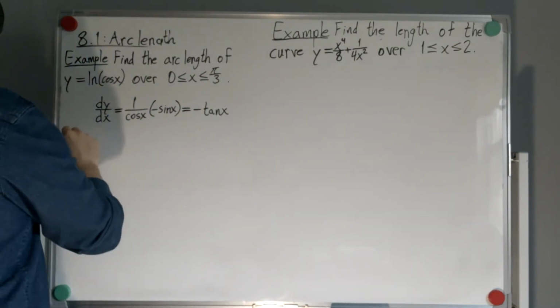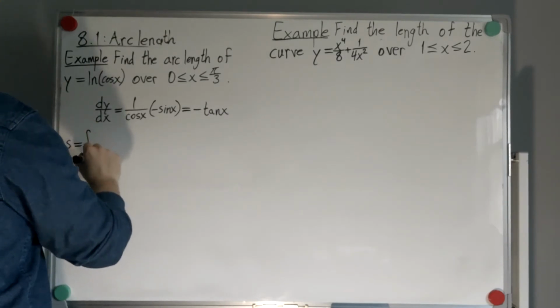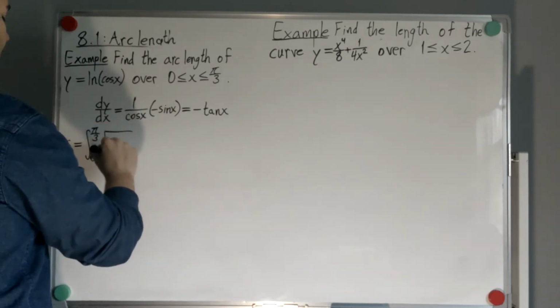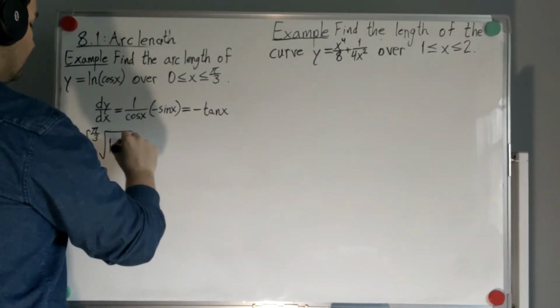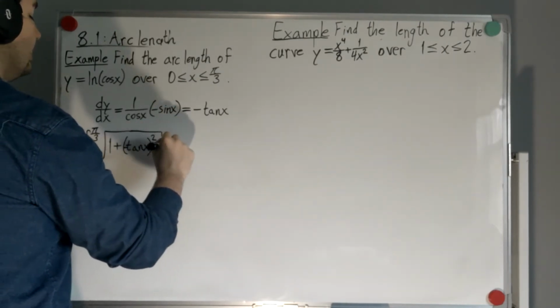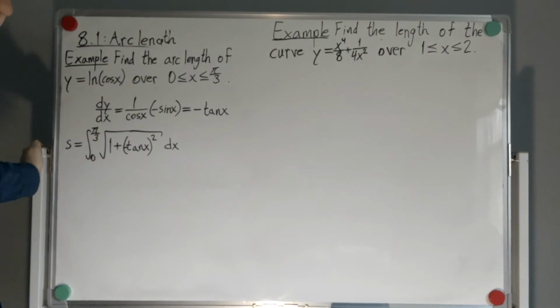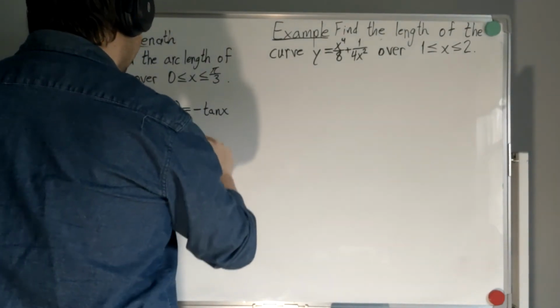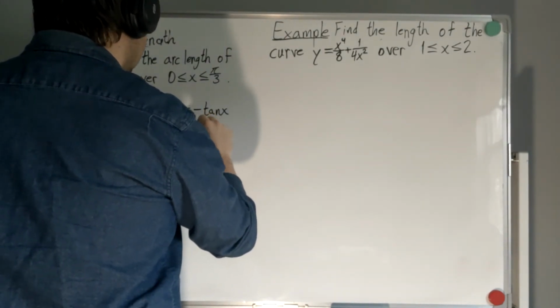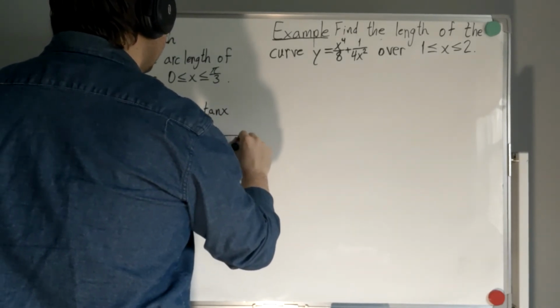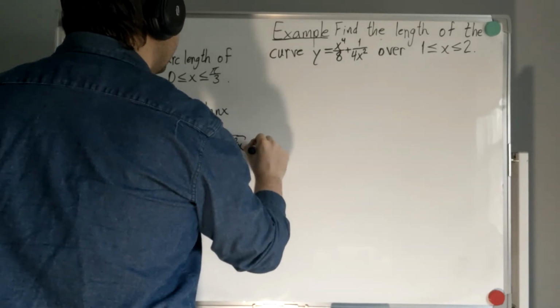In that case, the arc length is going to be the integral from 0 to pi over 3 of the square root of 1 plus this thing squared, so 1 plus negative tangent x squared dx. Now, of course, negative tangent x squared is just tangent squared x. So this is the integral from 0 to pi over 3, square root of 1 plus tangent squared x dx.